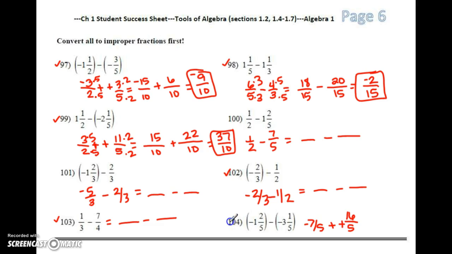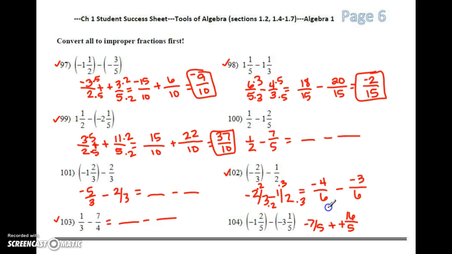Moving on to number 102. 3 and 2 is going to give us 6. Multiply this one times 2. Multiply this one times 3. So 2 times 2, that's -4 for the first numerator. The second numerator, -1 and 3, is -3.